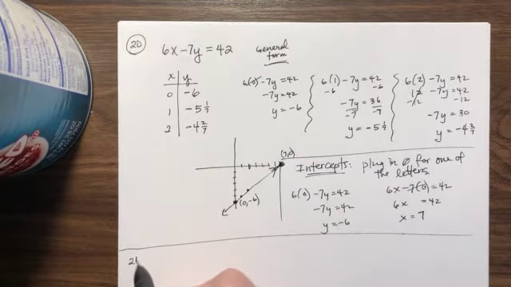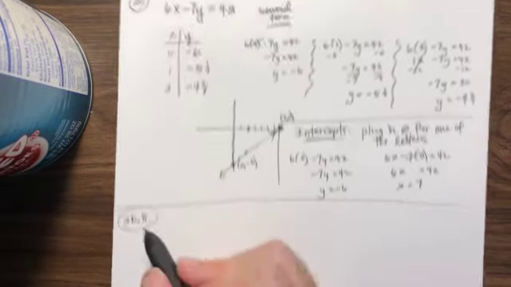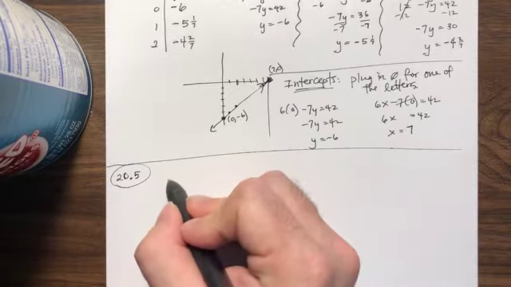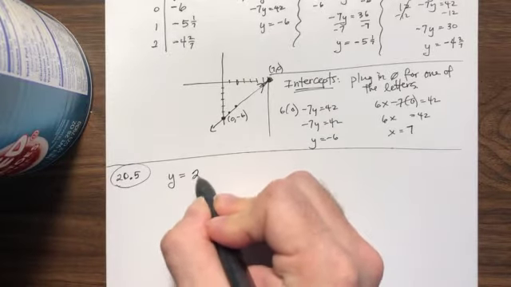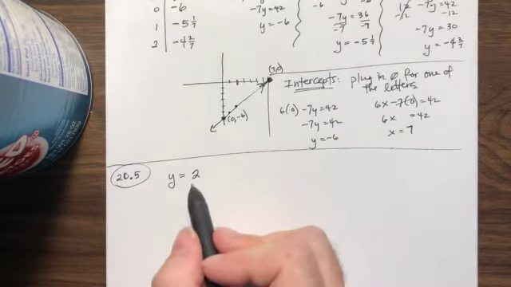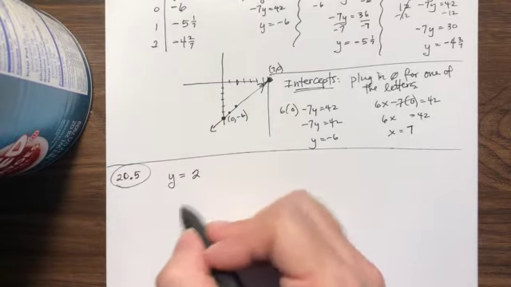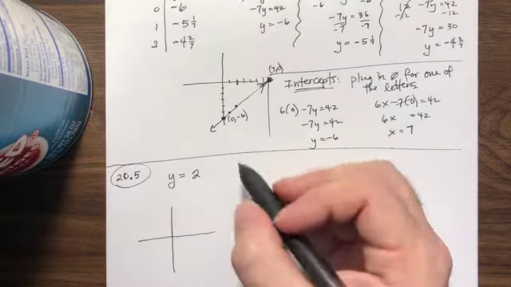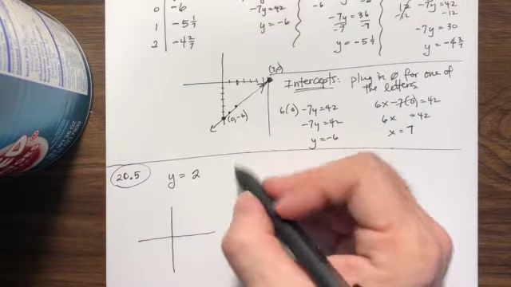I'm going to say 20.5 because this isn't on your review worksheet, but I do want to give you an example. So y equal to 2. This is weird because it's not a regular line. It's actually a horizontal line.